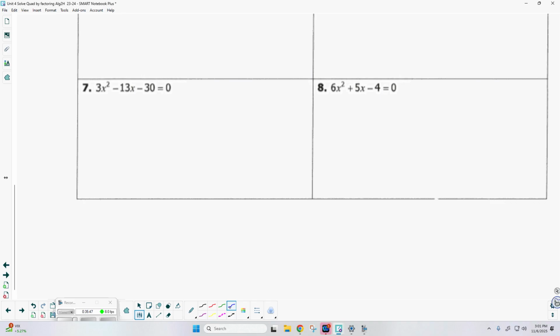Now, this one as well, you know you're on the right track. You should be getting fractional answers for both.